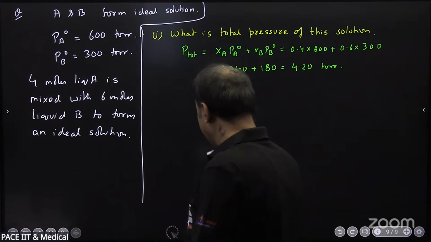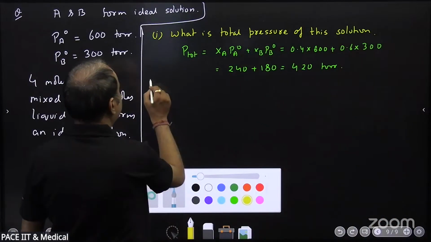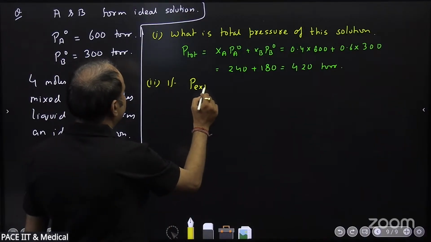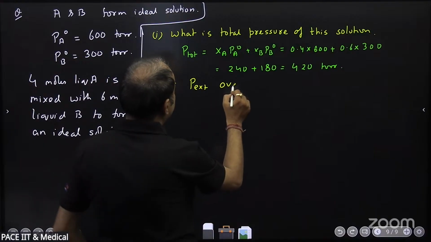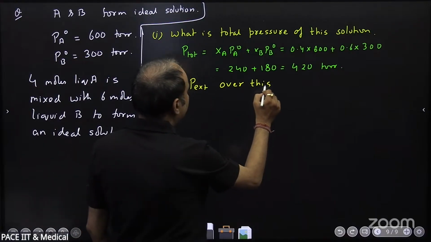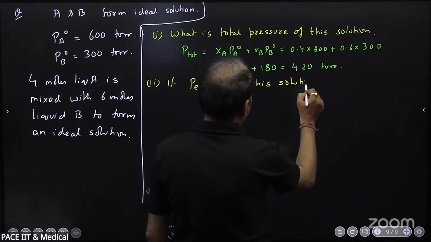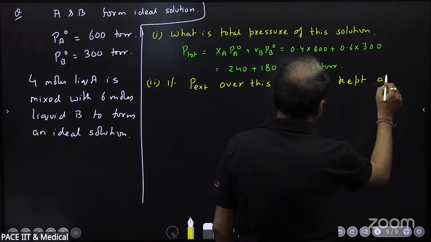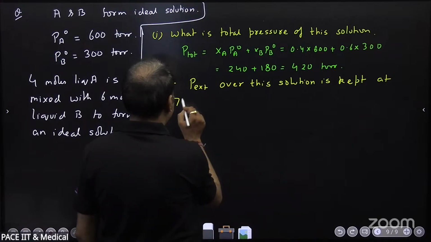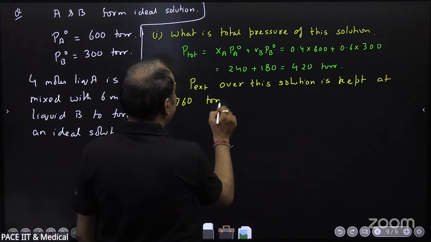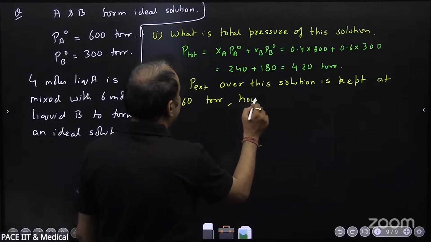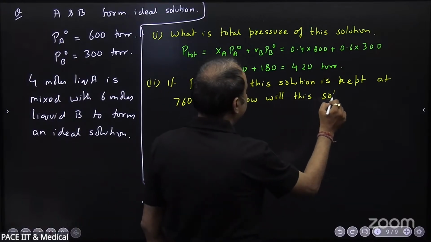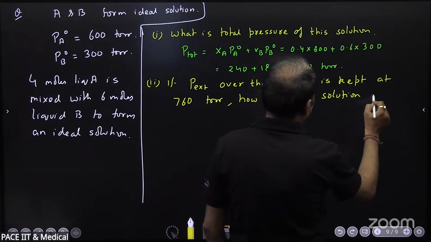Now, the next part of the problem: if the external pressure over this solution is kept at 760 torr, how will this solution exist?